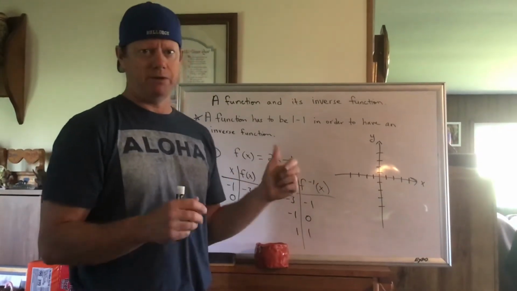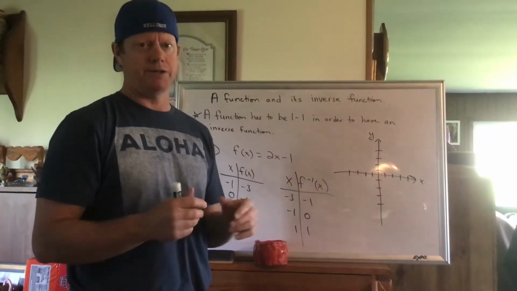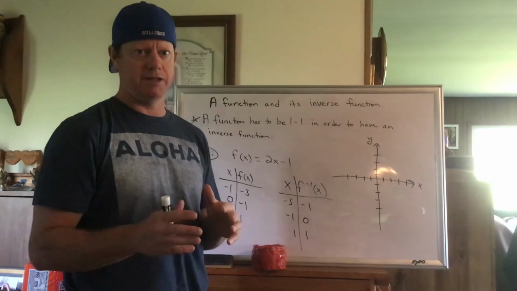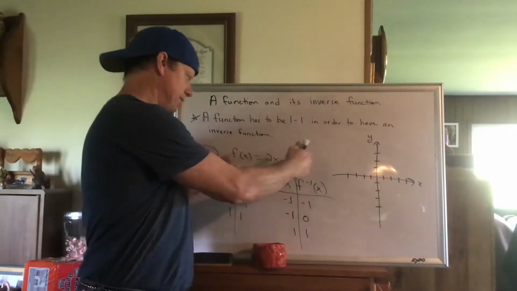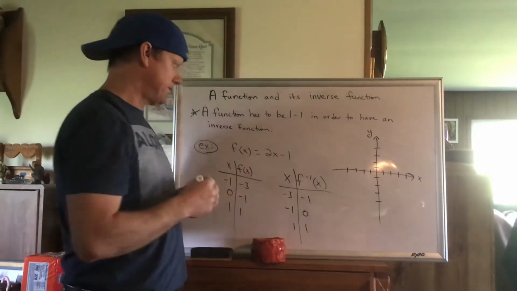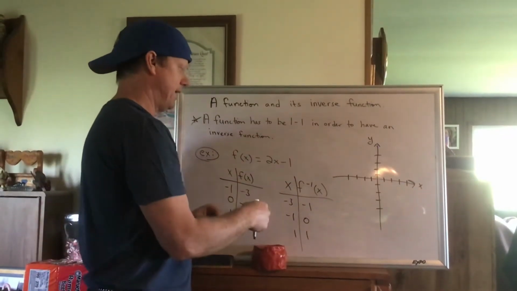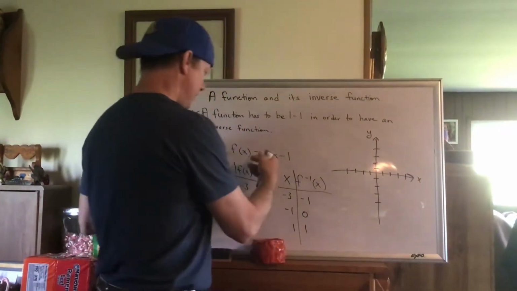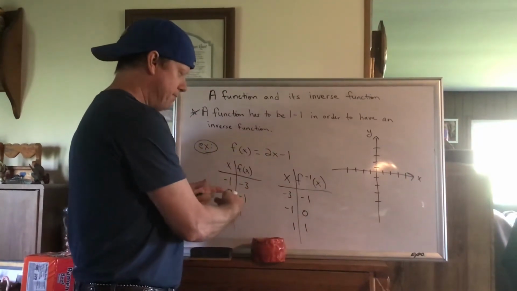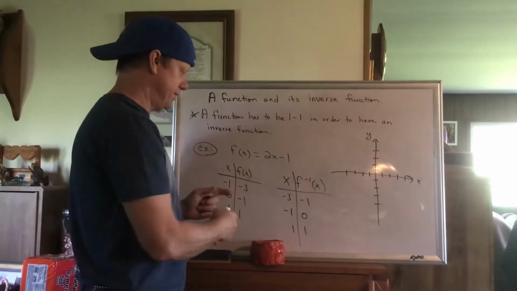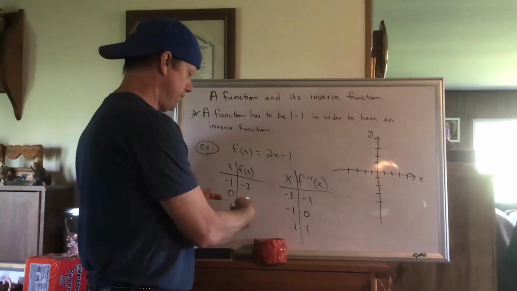A quick example of some characteristics about a function and its inverse. Say we have a simple function f(x) = 2x - 1, which if we do a little table of that and graph that out, some 3 points that are on this function are (-1, -3), (0, -1), and (1, 1).